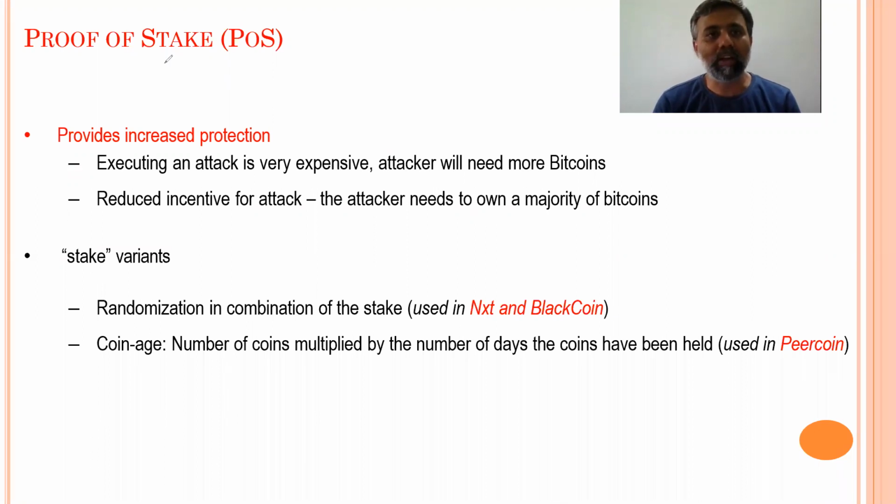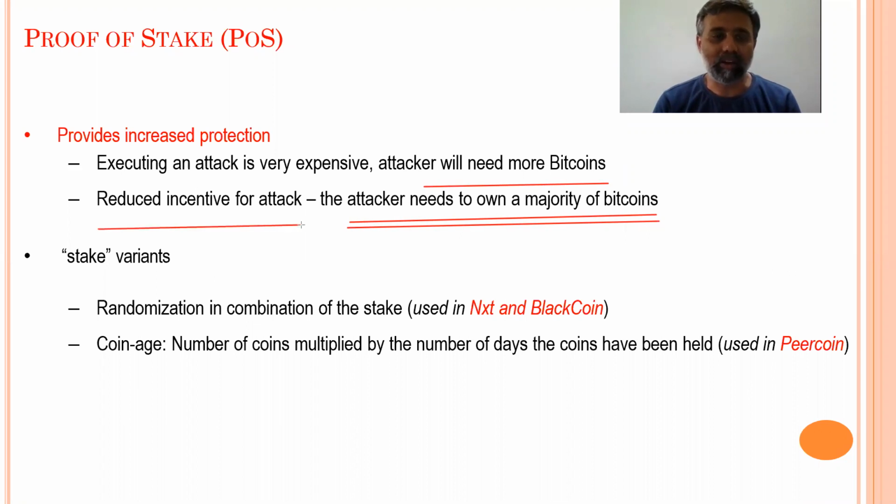And no one would like to use the Bitcoin unnecessarily. So the attacker will need more Bitcoins, and the attacker needs to own a majority of the Bitcoin for that, because for each mining process, the Bitcoin will be used and it will reduce the incentive for attacks.